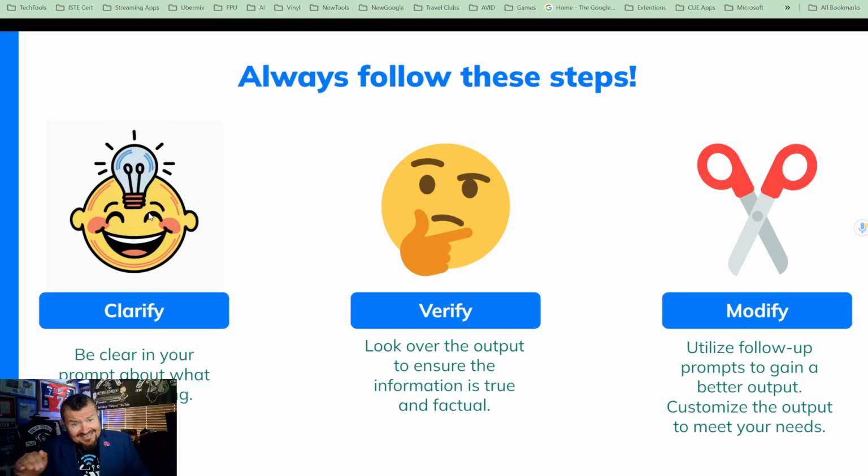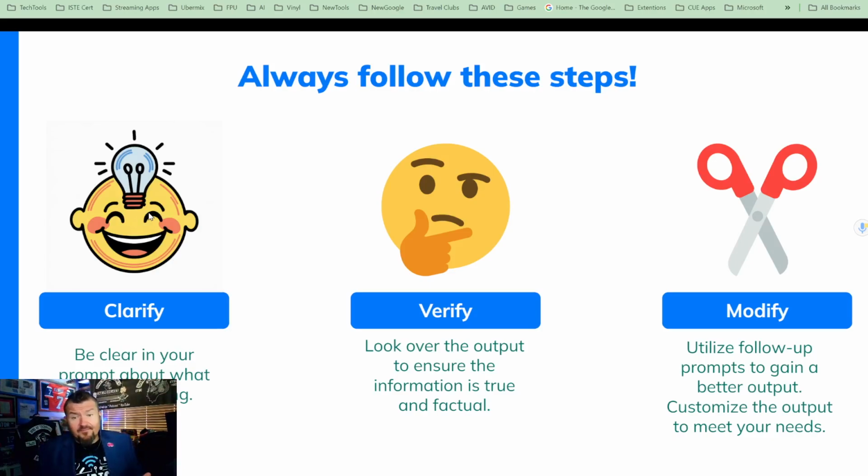Remember, the T in ChatGPT, the T in BERT stands for transformer, and it uses the context of your prompt to then give you an output. The more context you add to your prompt, the more clarity you add to your prompt, the better the output will be and the less bias will be in those responses.